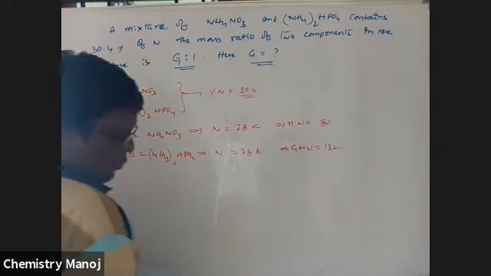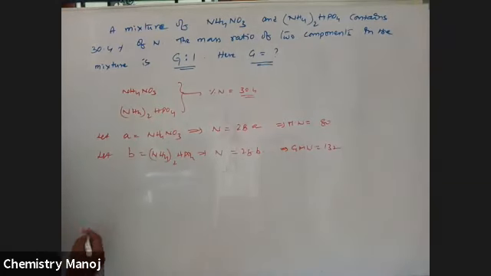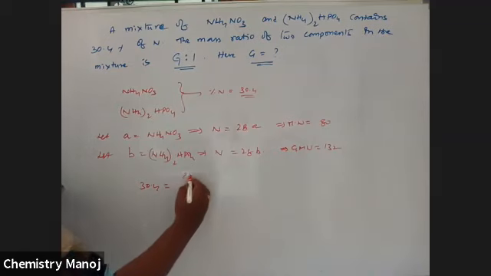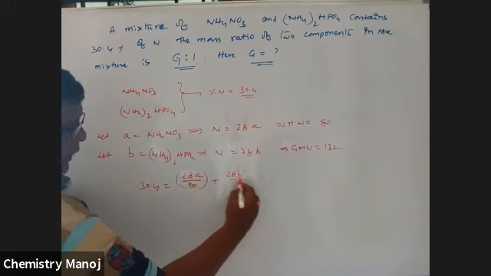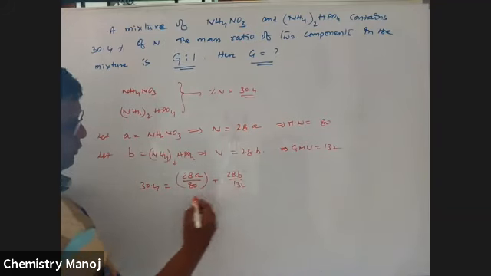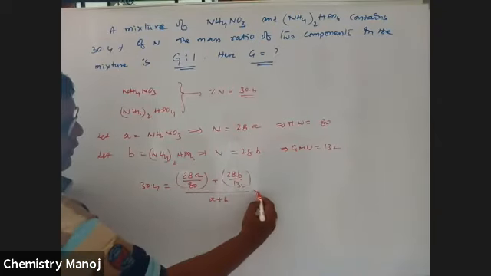Therefore, the mass percentage, that is 30.4, is equal to (28A by 80 plus 28B by 132) by the total, that is A plus B, into 100.